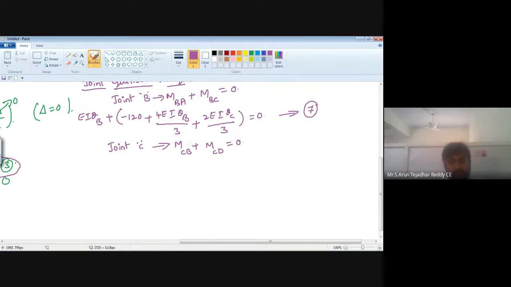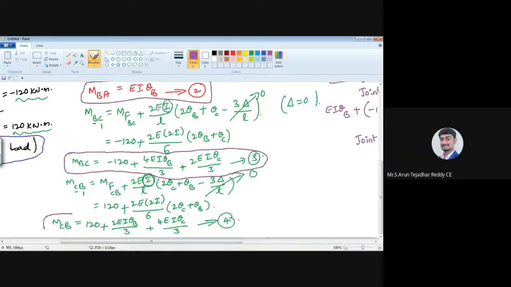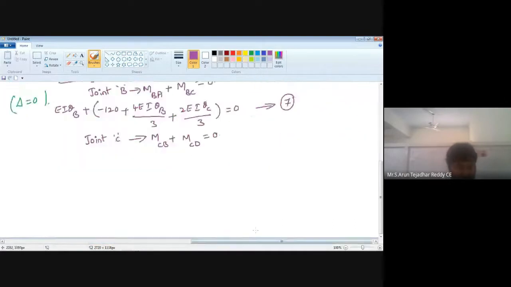Now the MCB value: this is our MCB, 120 plus 2EI theta B by 3 plus 4EI theta C by 3. Same value right here.